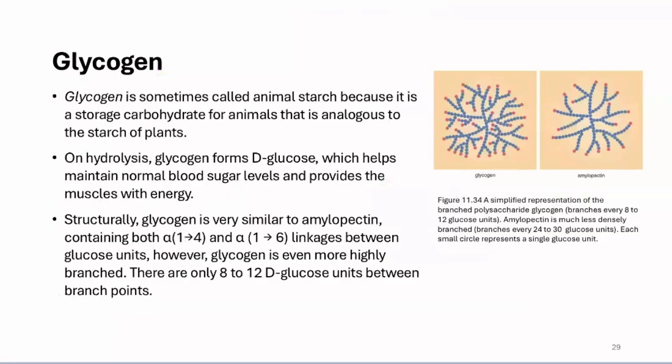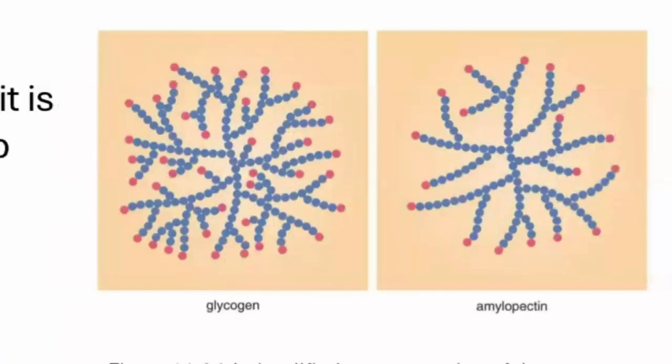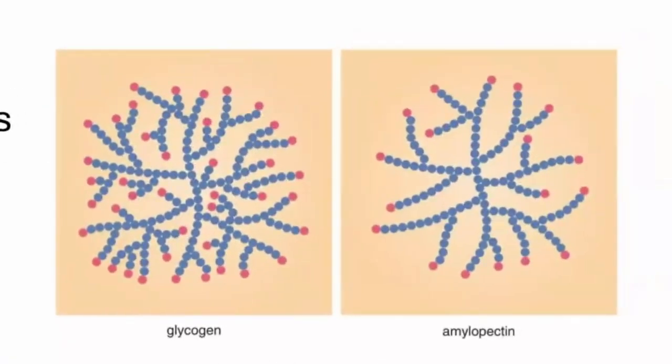Next, we're going to look at glycogen. Glycogen is sometimes called animal starch, because it's the way that many animals store carbohydrates. Now, when it comes to structure, we can see in image 11.34 the images representing the structure of glycogen versus one of the two polysaccharides in starch.